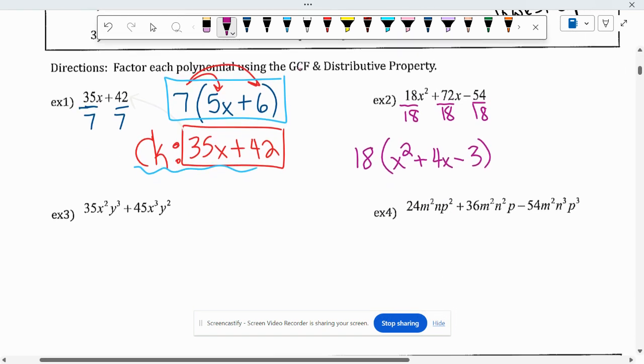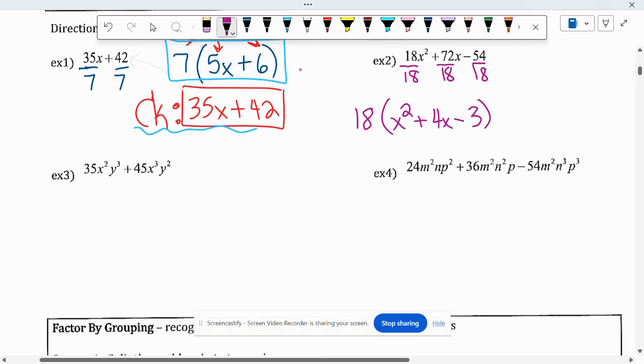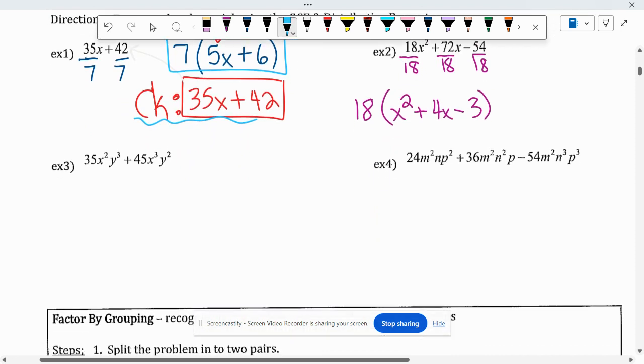All right. Now our next one has some variable terms. So the first thing that I'm going to look at is I'm going to figure out what the coefficient, the number that I can take out of, is. And I see that 35 and 45 are both divisible by 5. So I'm going to take a 5 out. But now I want to look at the variable terms. So I have an x squared and I have an x cubed.